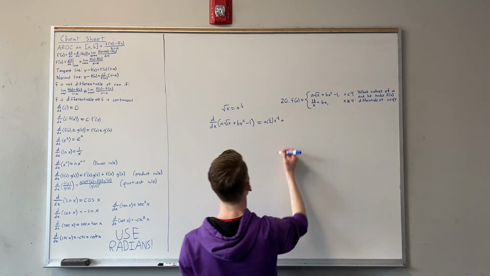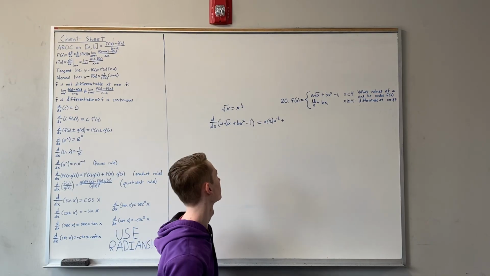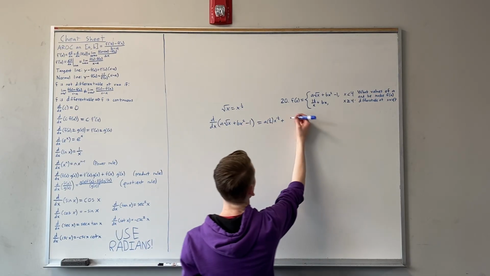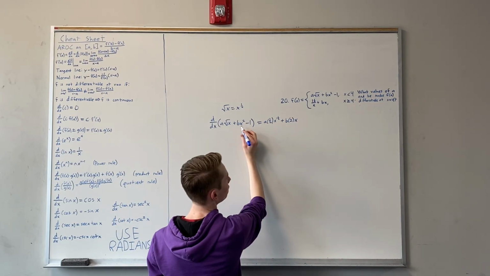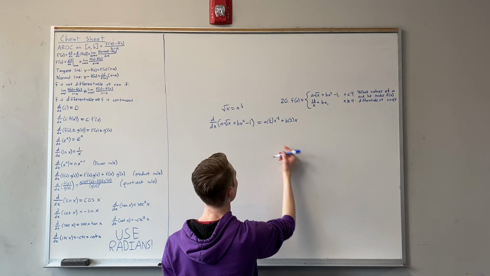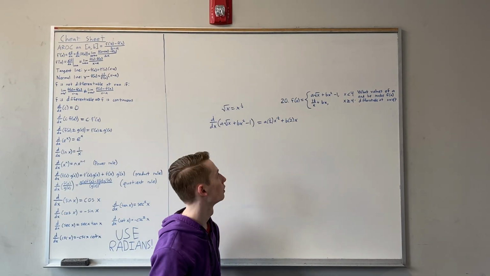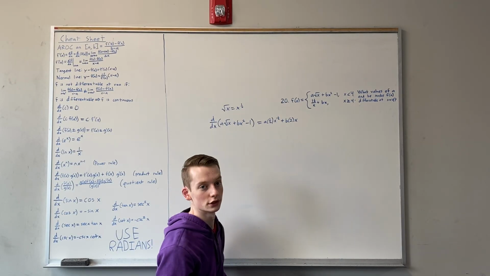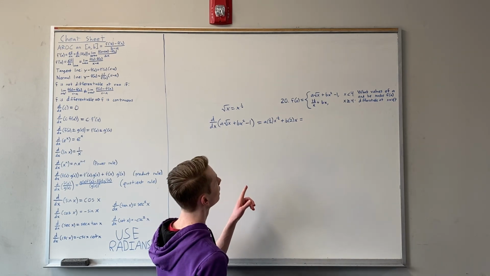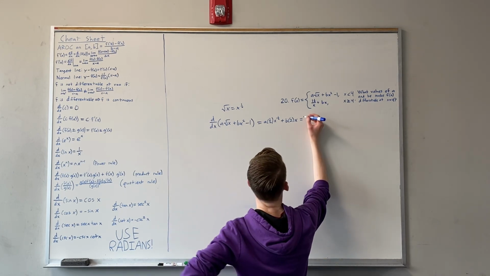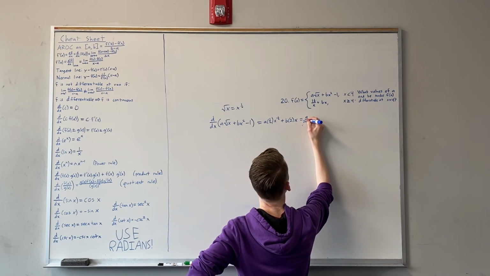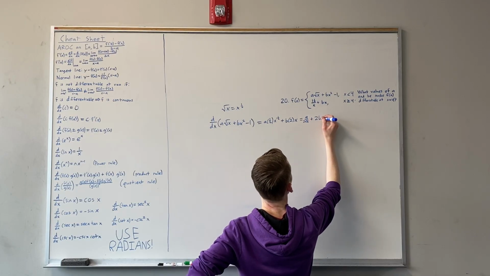Derivative of bx squared, again, the b just comes along, it's a constant. The 2 comes out front, and then we subtract 1 from the power, so we just get x to the first. And the derivative of negative 1 is 0. So coming from the left, our derivative will be a over 2 root x plus 2bx.